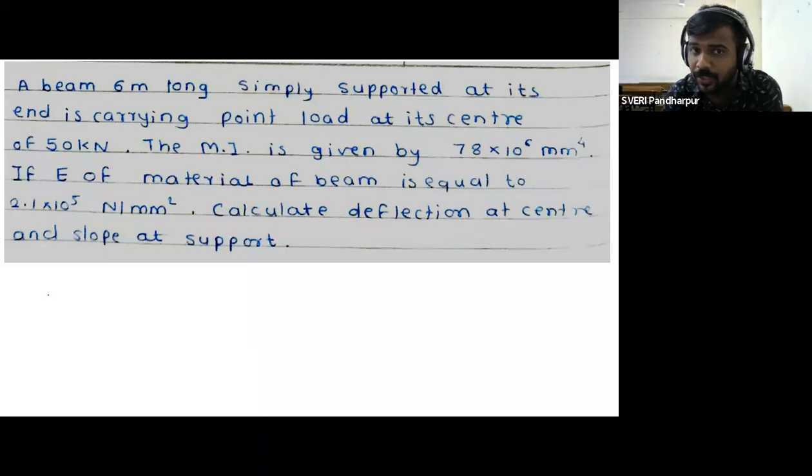Type of beam is also mentioned, simply supported, and it carries a point load at its center of 50 kilonewton. The moment of inertia is given by 78 into 10 raised to 6. If E of the material is equal to 2.1 into 10 raised to 5 Newton per mm square, calculate deflection at center and slope at support. So this is the statement.